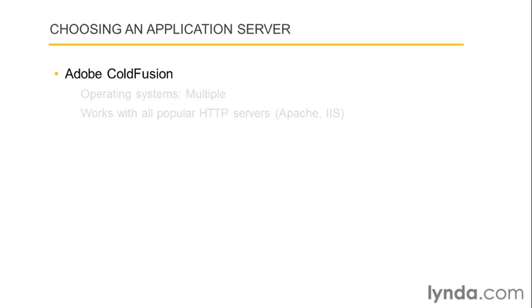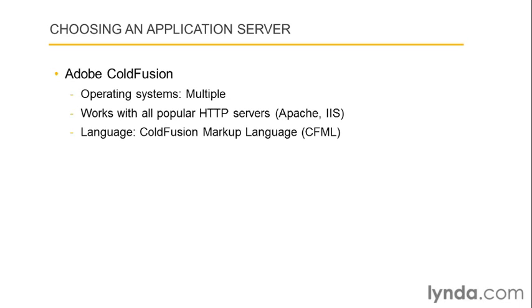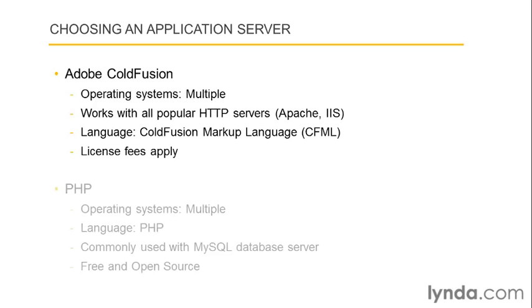There's also Adobe ColdFusion, which works on multiple operating systems, and works with all of the popular HTTP servers such as Apache and IIS. When you work in ColdFusion, you'll be using its proprietary language, ColdFusion Markup Language, or CFML, a tag-based language. Adobe ColdFusion requires a separate license fee, and it's available from Adobe Systems.